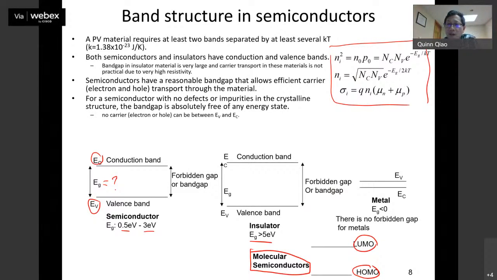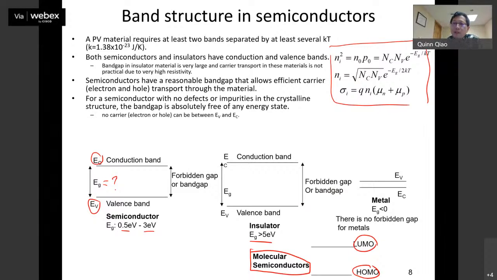This is called the mass action law. ni squared equals n0 p0. Ni is the intrinsic carrier concentration, and n0 and p0 are the carrier concentrations under thermal equilibrium.